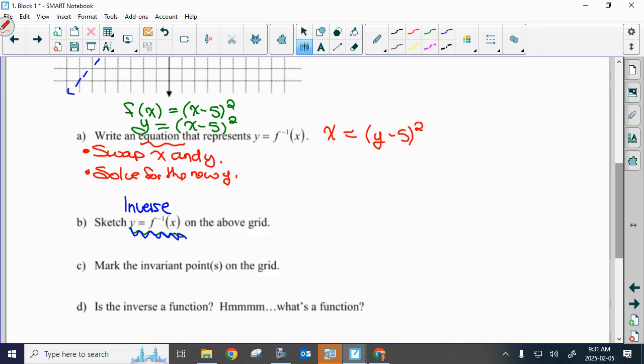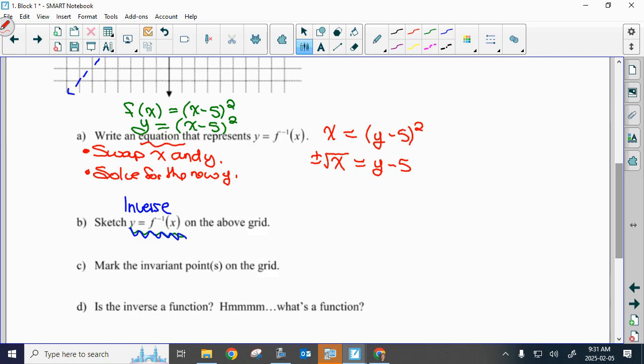How about I get the y all by itself? What's your first move? If you're going to isolate for the y, I just swapped the x and y. What's my first move? Got to get rid of the squared. How do I undo squared? Square root. But guys, remember, when you apply the square root, you have to make it plus or minus the square root. The radical wasn't given to you as a positive.